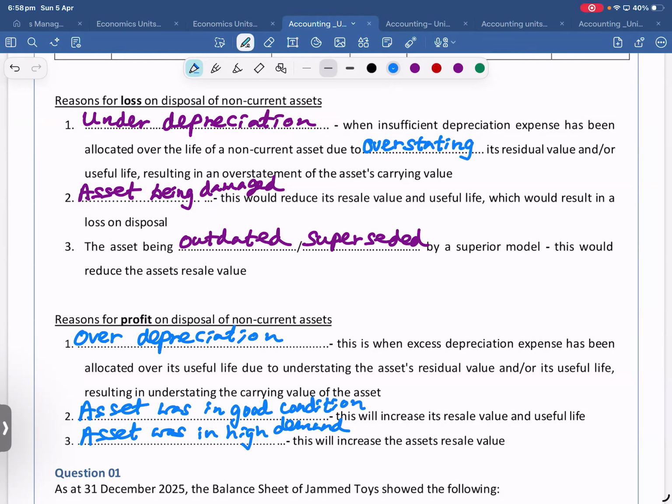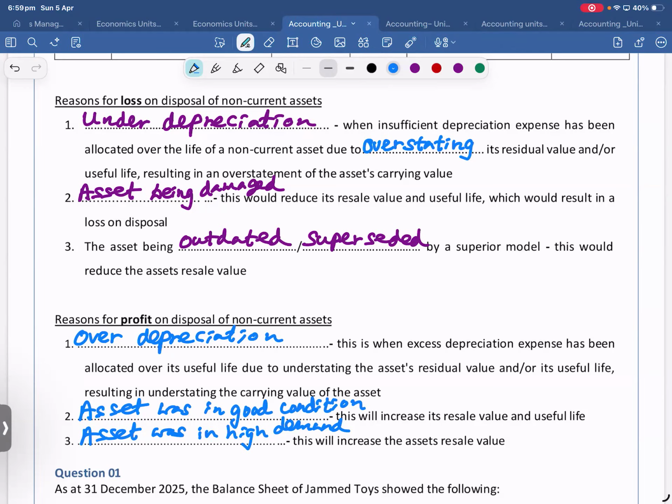Supply is less, demand is the same as before. Restricted supply, so the price will go up. So the asset was in good condition and in high demand, so we can make a profit. Okay. So those are the ways.